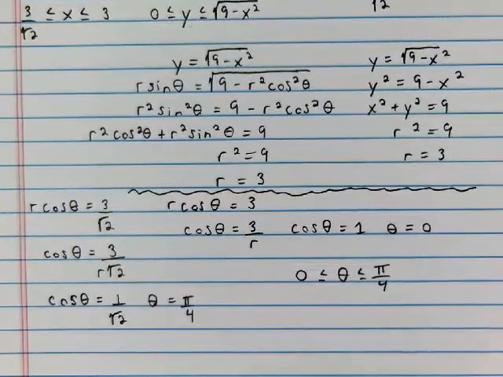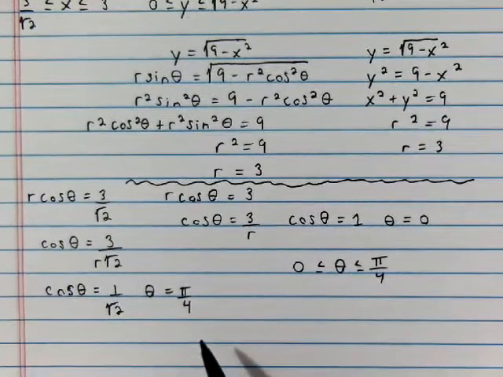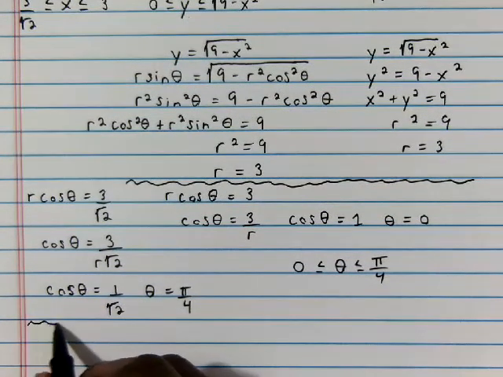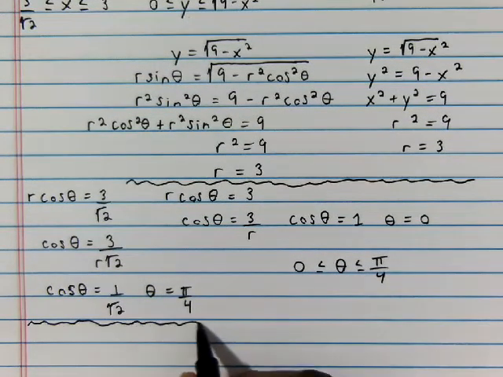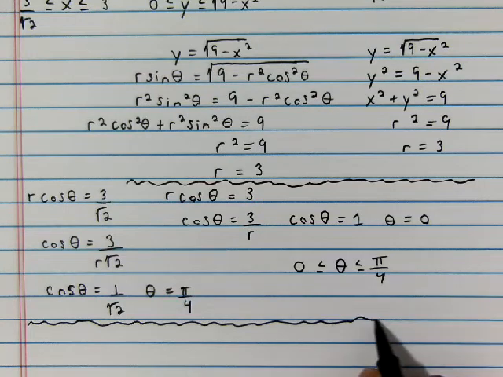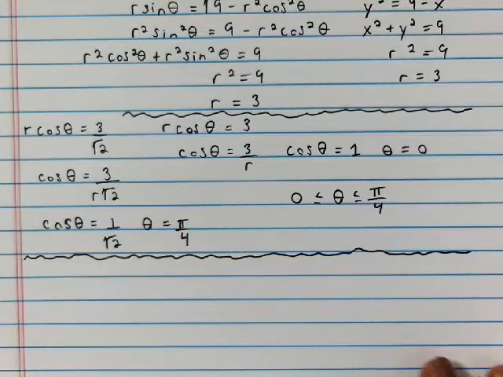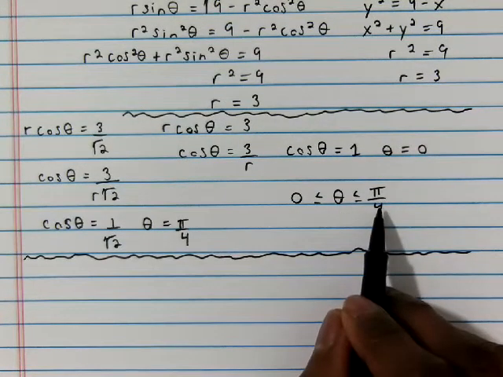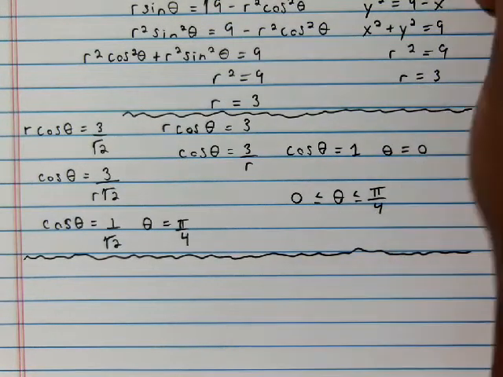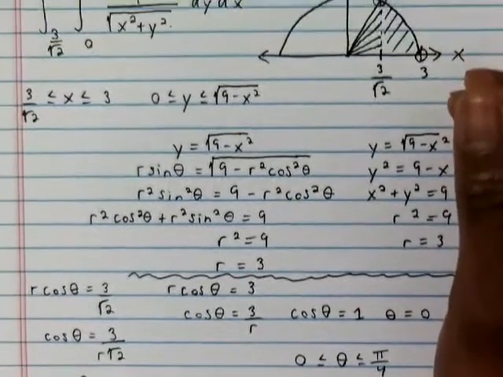So we have r is 3, we have theta goes there, and now we need our other r. So let's separate our work one more time. So now here, what I'll do is, when theta equals pi over 4, one more time at the picture.